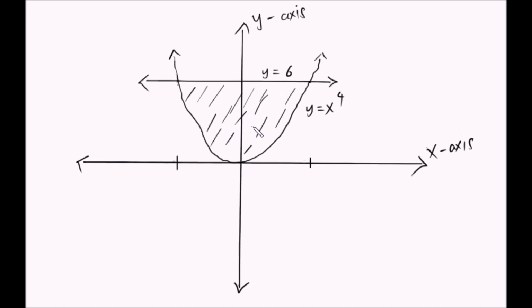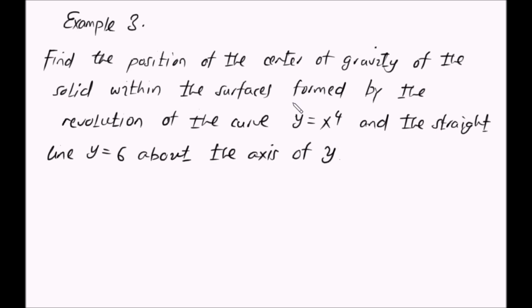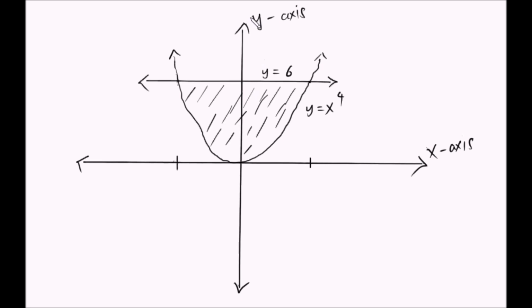Sasa hii region au lamina kwenye swali anasema they are revolved about the y axis. Manake mtu kaizungusha about the y axis, yaani mtu kasukuma labda hapa pa ikazunguka about the y axis hivi.